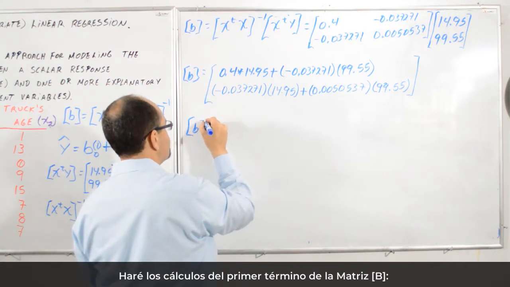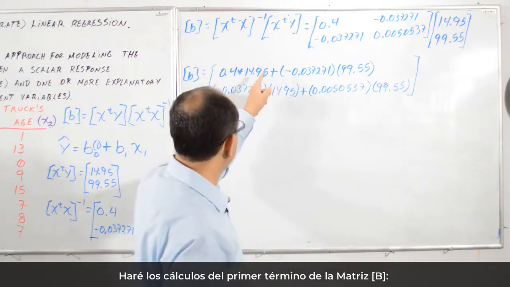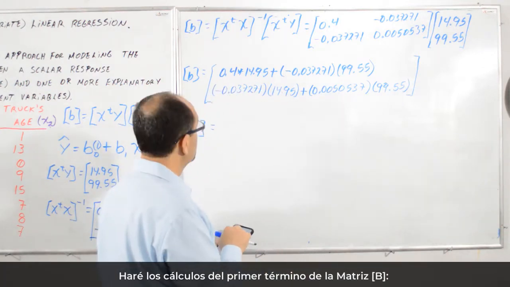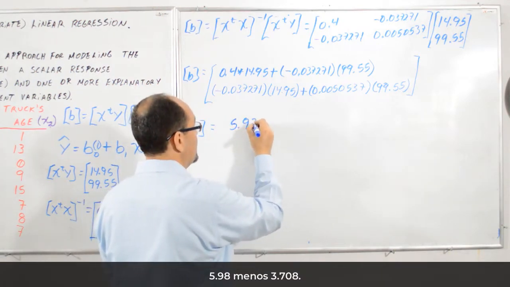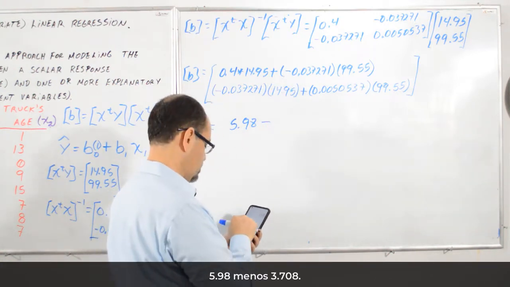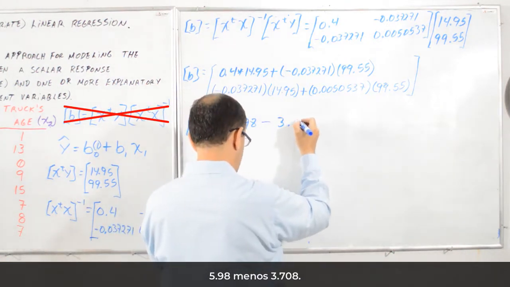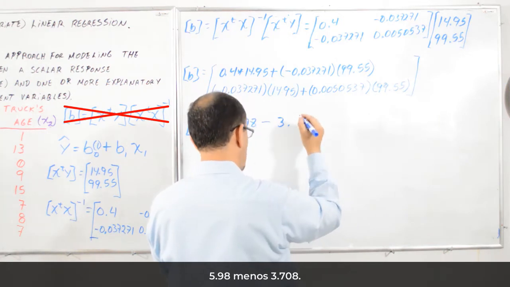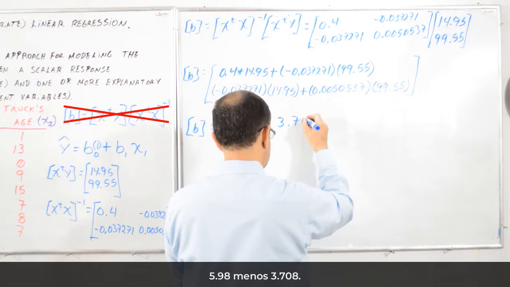Let's do the first part: 5.98 minus 3.708, and that is equal to 2.272.